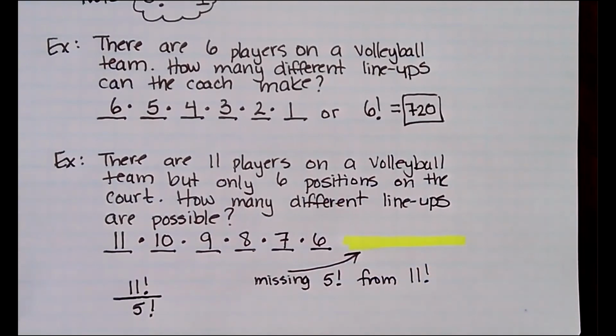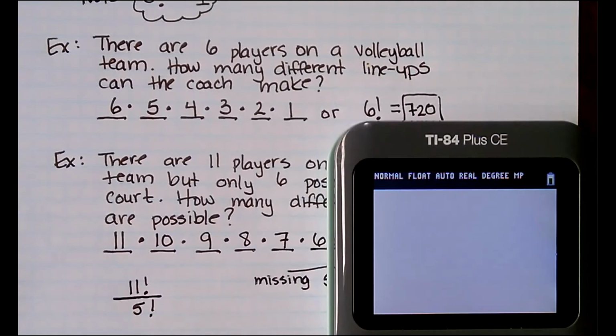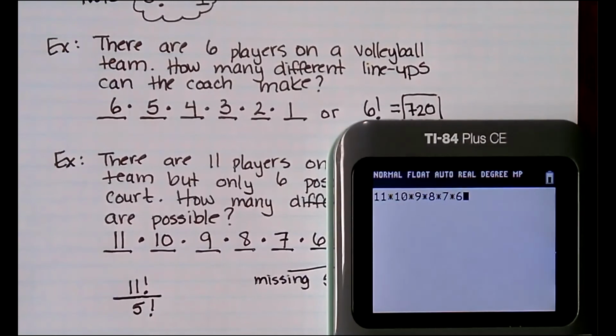So let me show you on the calculator that in both cases I end up getting the same answer. Again, 11 times 10 times 9 times 8 times 7 times 6.